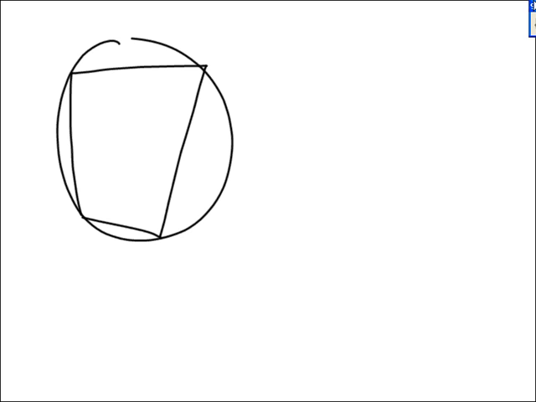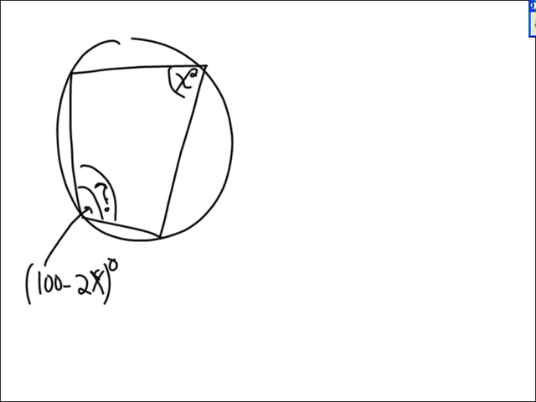Suppose we call this angle right here 100 minus 2x degrees, and believe it or not, we call that angle x squared degrees. And we want to find the measure of this angle.